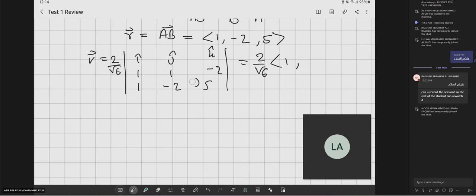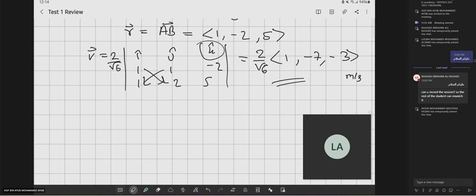The jth component is 5 plus 2, which is 7, but I have a minus sign here from the determinant coefficients, so I'll have minus 7. And the kth component is minus 2 minus 1, which is minus 3. This is our velocity, and this is in meters per second.